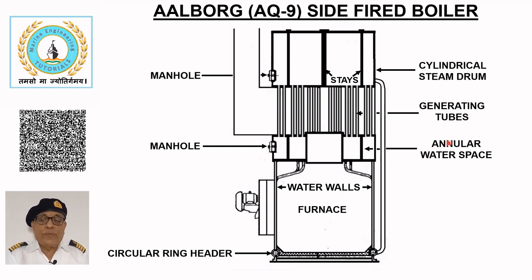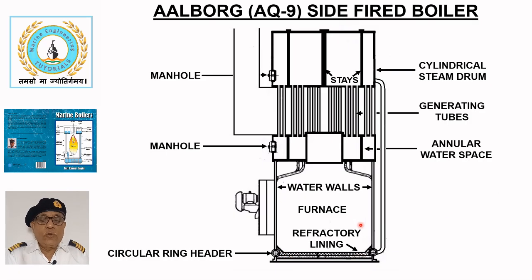The water wall tubes primarily utilize the radiant heat of the flame to generate steam. The bottom of the furnace is covered with fire bricks to prevent heat loss. The ring header, together with the fire bricks, is lined with refractory material.